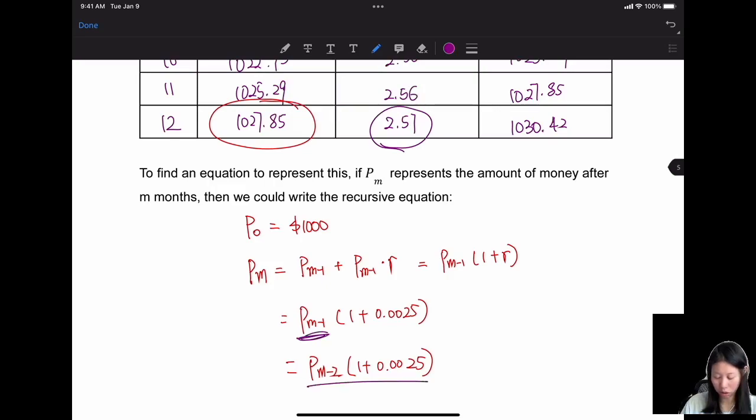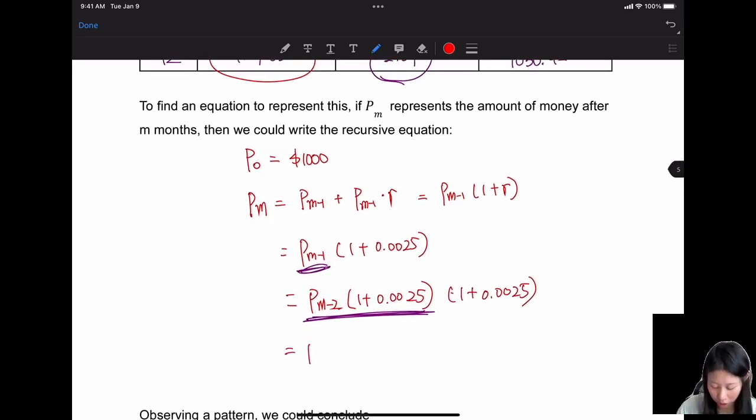This part equals that, and now we still need to multiply by the interest rate factor. Now let me reorganize it so that you have P sub n minus 2 times 1 plus 0.0025 squared.